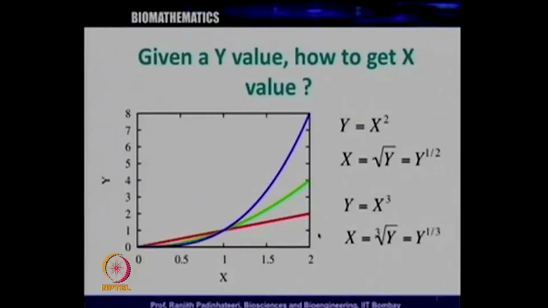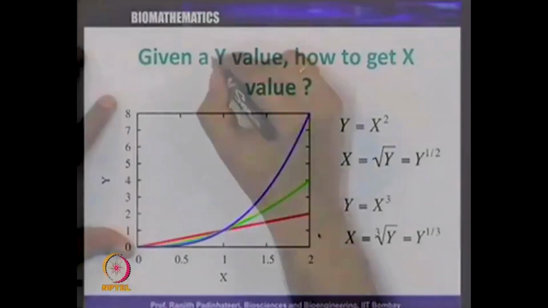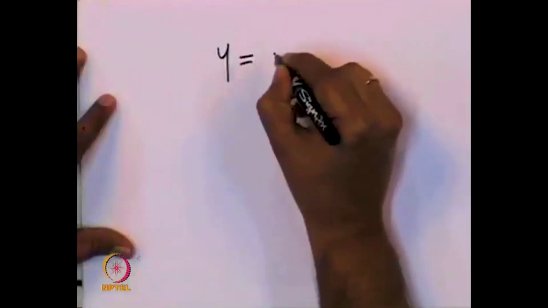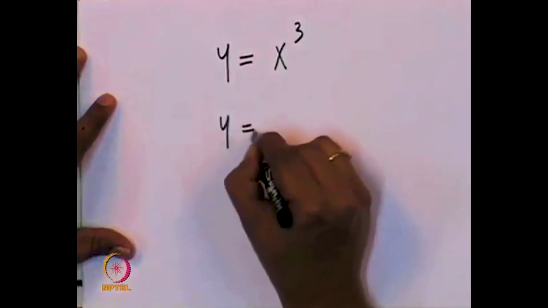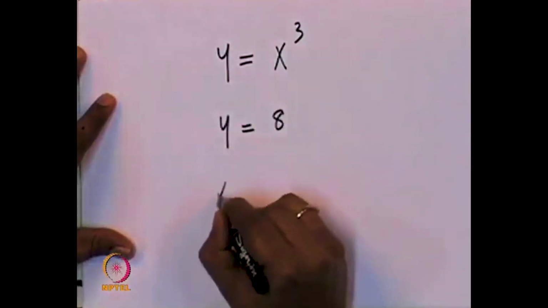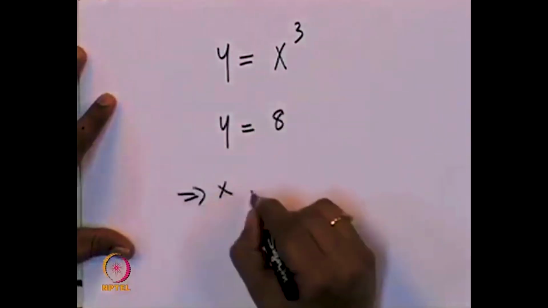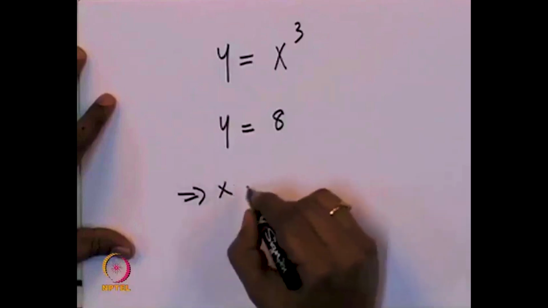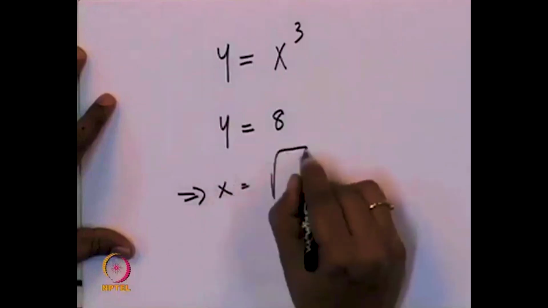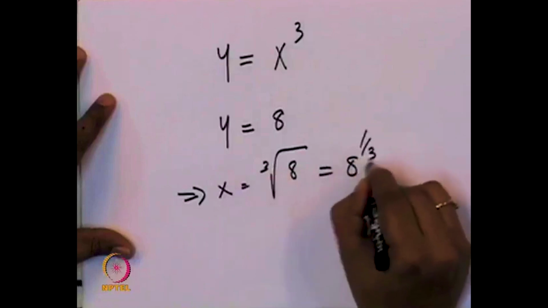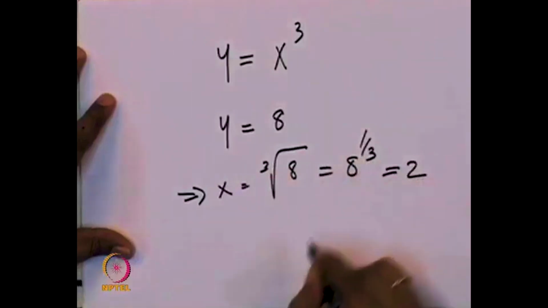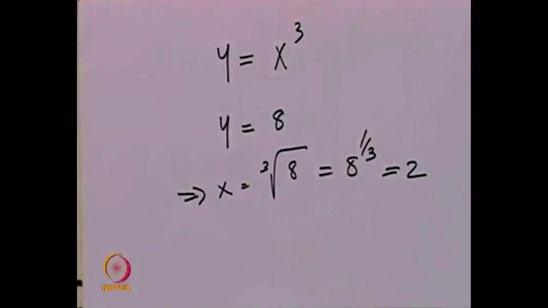So, if y is equal to x cube and y is equal to 8, to calculate x we have to find the cube root of 8, which is 8 power 1 by 3, which is 2. This is how we calculate the x value, given a y value.